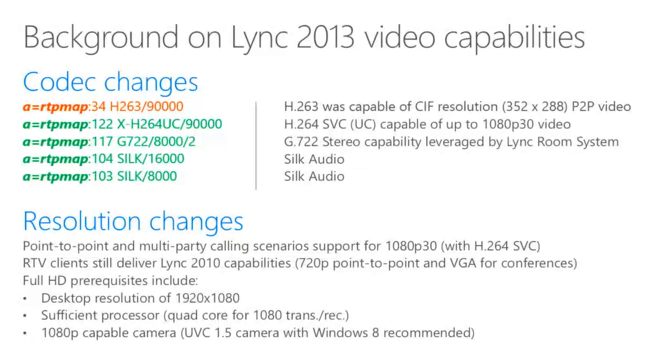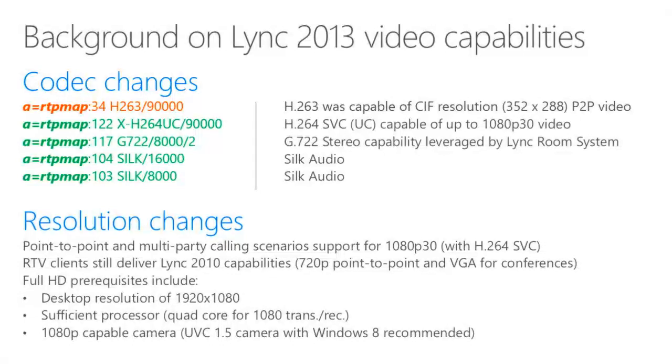We've got 3 new audio codecs, 2 which have been added recently. So we've got G722, and that's in addition to the regular G722. This is the stereo version as well.